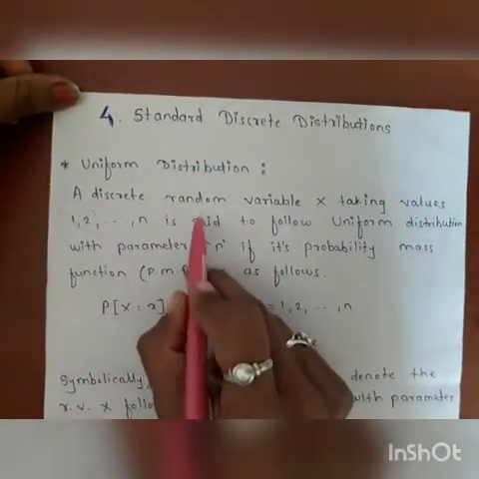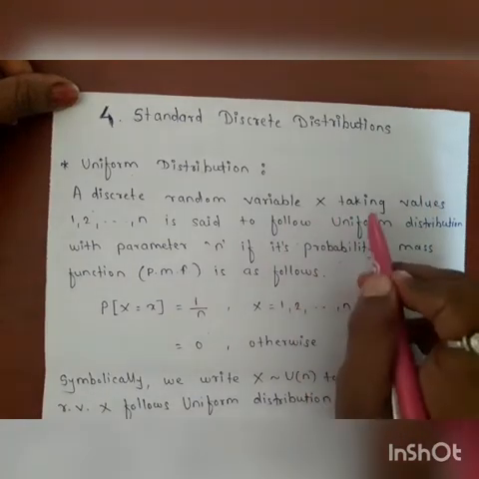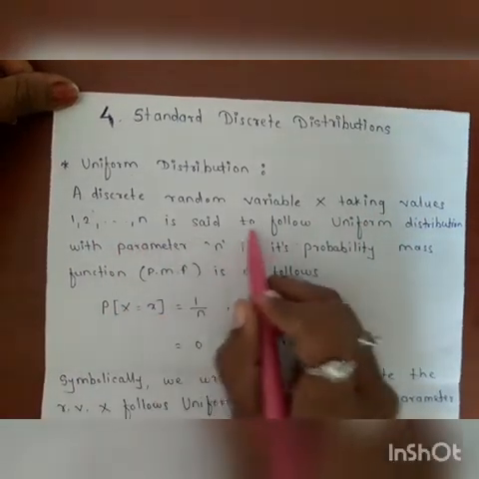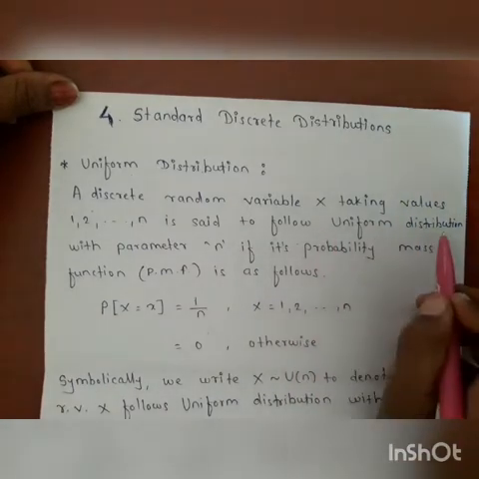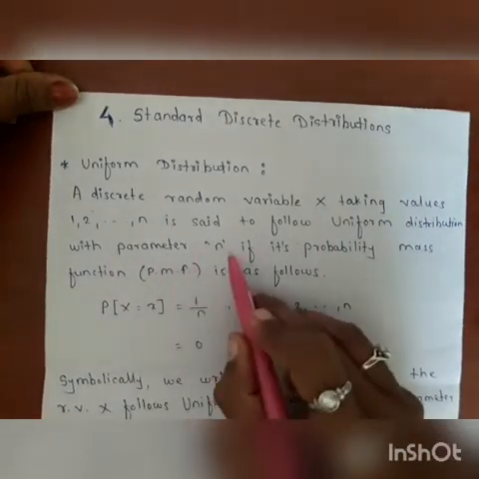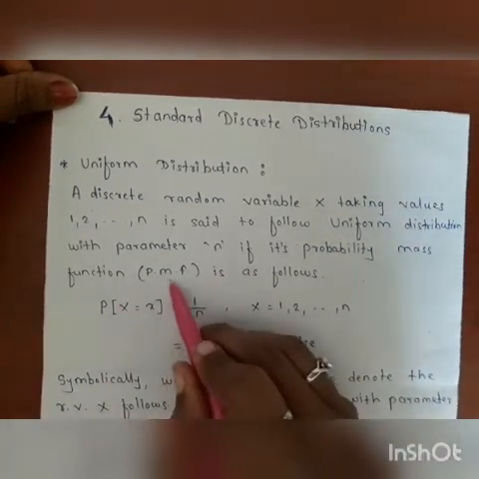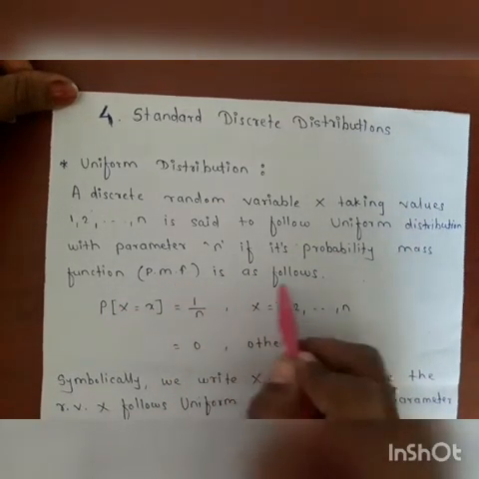A discrete random variable X taking values 1, 2, and so on up to n is said to follow uniform distribution with parameter n if its probability mass function (PMF) is as follows.